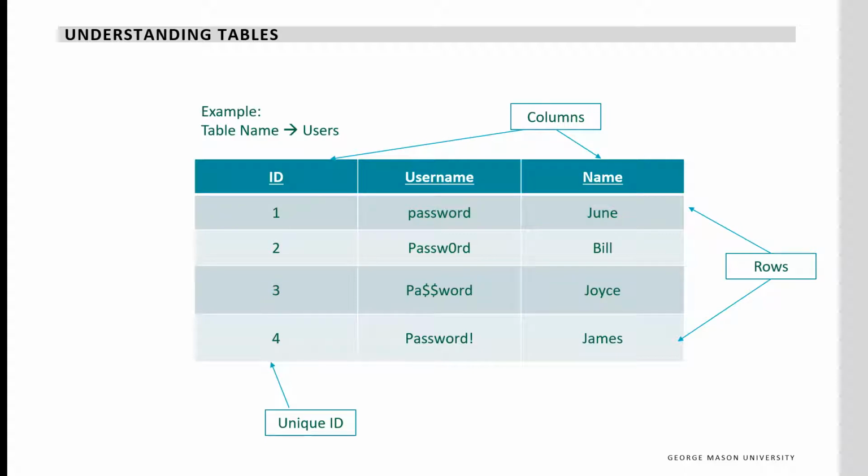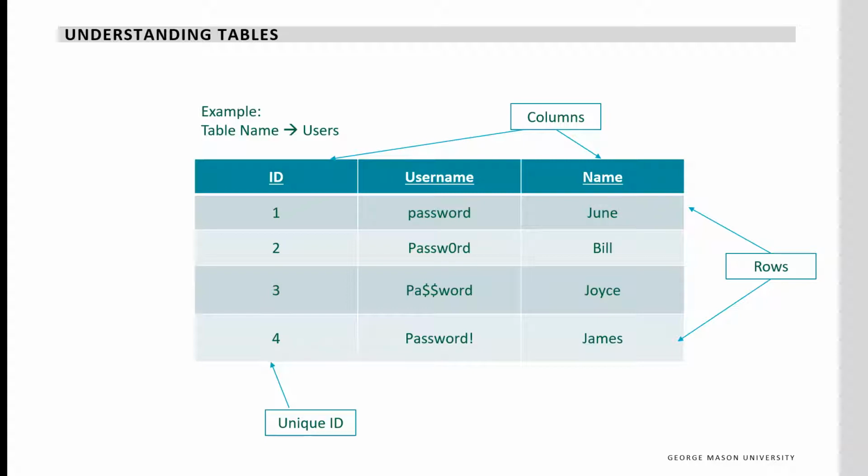To get a better understanding of tables, I'm going to give you a little bit of background on how relational databases are built. And here's an example of a very simple database to follow along with. So relational databases store information in relations, which users essentially perceive as a table.